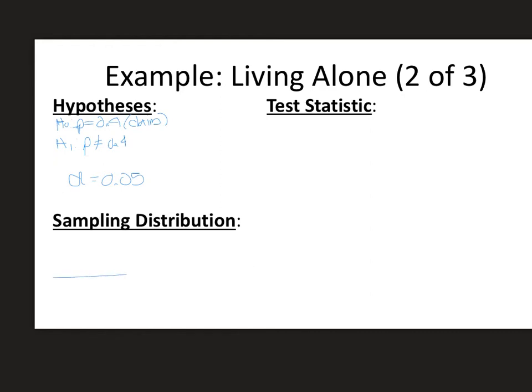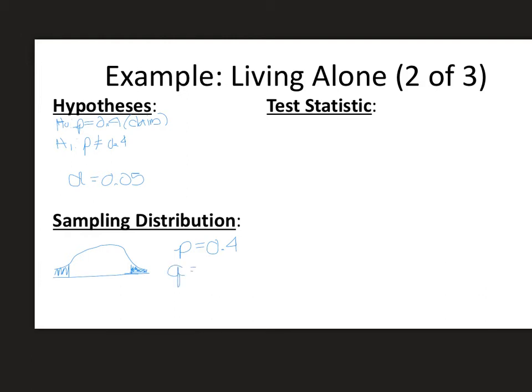Then you're going to sketch your sampling distribution. Because it is a not equals to in the alternative, this will be a two-tailed test. I like to jot down what my P is. Remember, P is coming from your hypothesis.